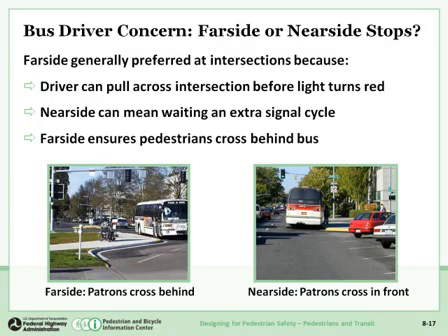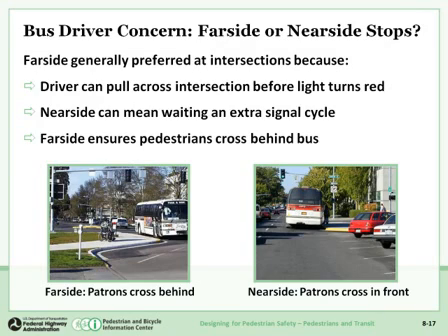The near side can mean waiting an extra signal cycle, and far side ensures that pedestrians cross behind the bus. And that's very similar to what we showed in the previous example, where it's better for pedestrians to cross behind the bus.